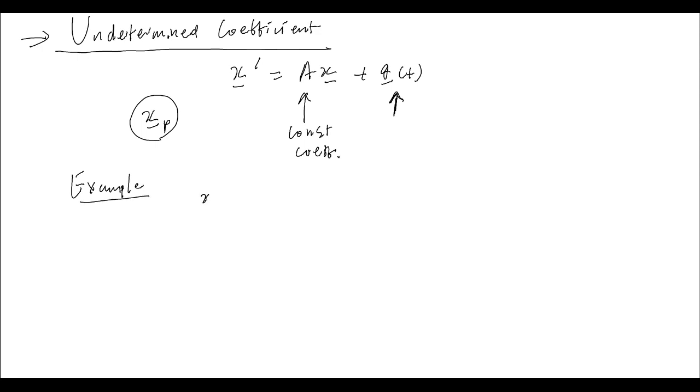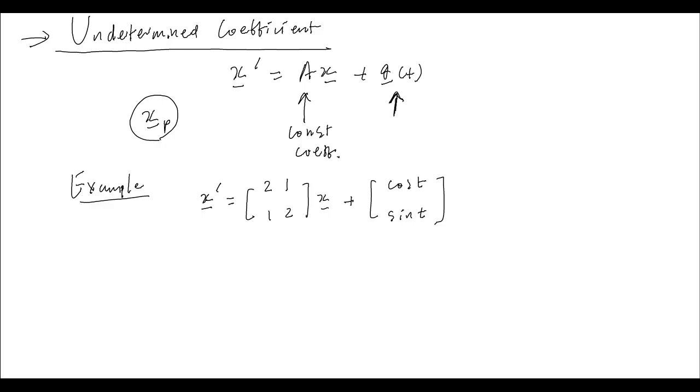So x prime is the matrix [2, 1; 1, 2] times x plus the vector (cosine t, sine t). Right? This is a non-homogeneous system of ODEs. So first, we need to solve the homogeneous part and obtain xh.